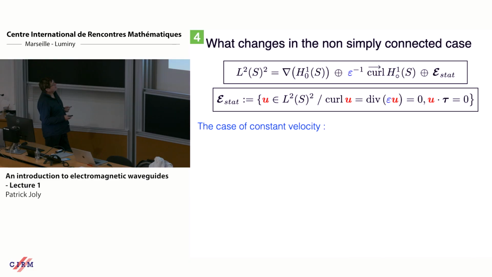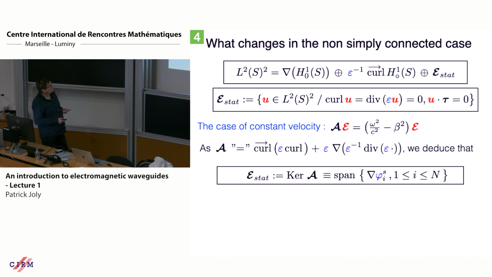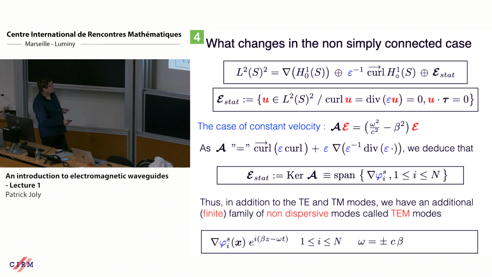But there is an interesting change in the case of constant epsilon, the last case I have presented today, because you have this equation. This time this operator has a kernel, because you are in a non-simply connected case. And this kernel is exactly, as you see, to be 0 you need both curl and divergence to be 0, and this kernel is generated by the static fields.